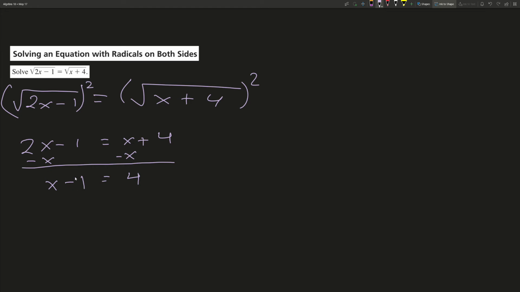And now to get rid of this negative 1, let's add 1 to both sides. So we're left with 4 plus 1, which is 5. And that'll be the final answer.